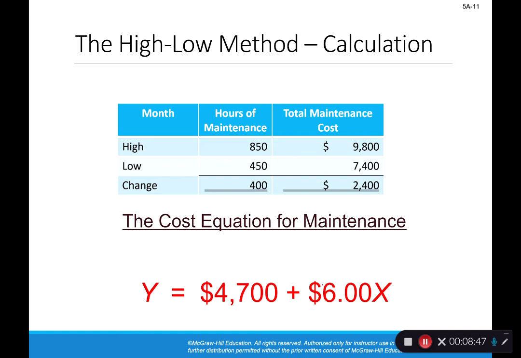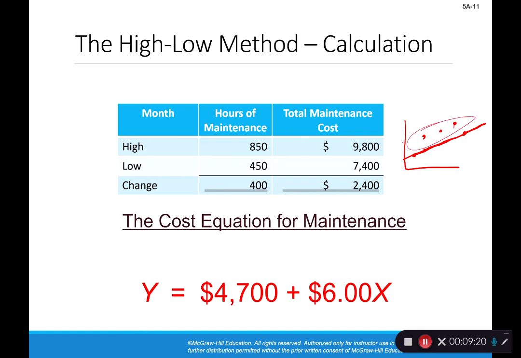This isn't a perfect method because it is based on a bunch of data points. And depending on where your high or your low data points turn out, it could either work out really good or really poorly. So this would be my low over here, and then my highs over here. So I don't know if that's the best fitting line or not, but that's the line we get with the high-low method. We're basically figuring out the cost equation for a line that goes through the lowest and the highest data point.